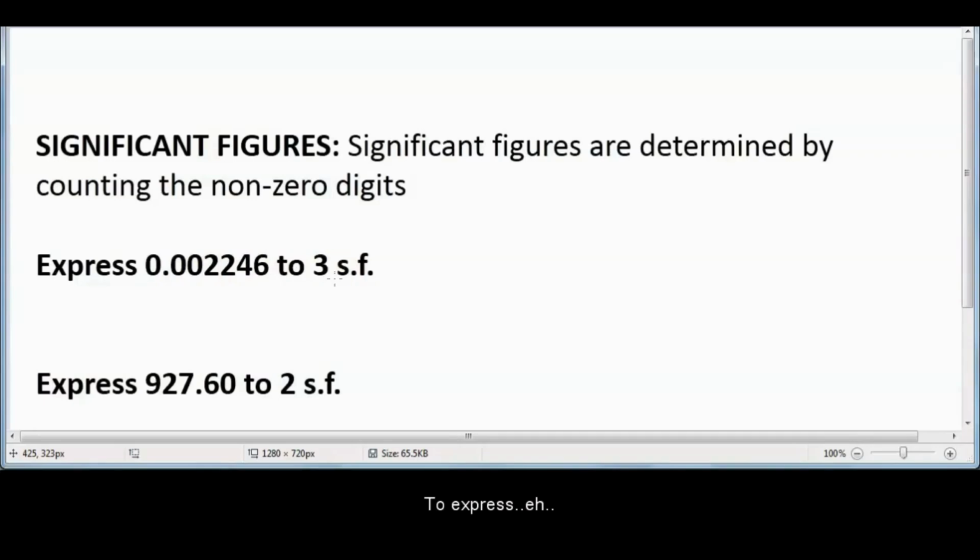To express 0.002246 to 3 significant figures, I will need to start counting from the first non-zero digit, which is 2. So I will start counting from here: 1, 2, 3. I'll stop at 4.